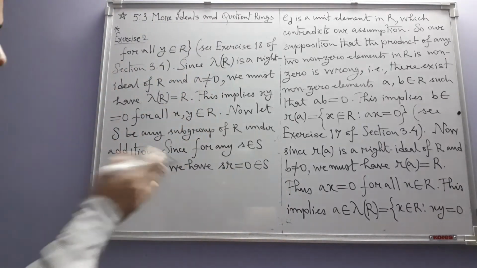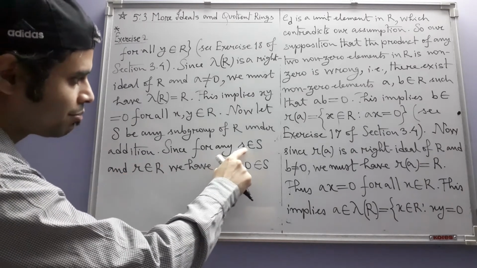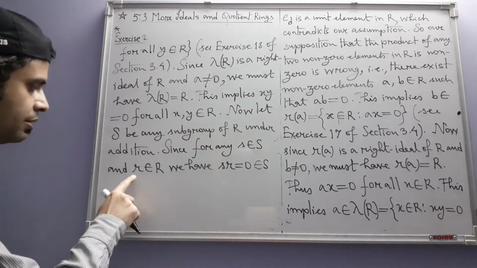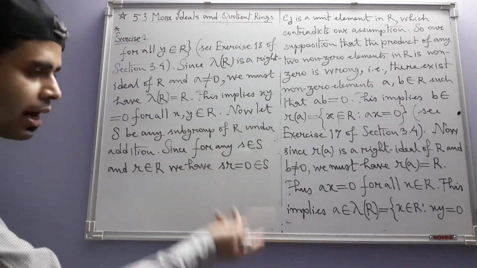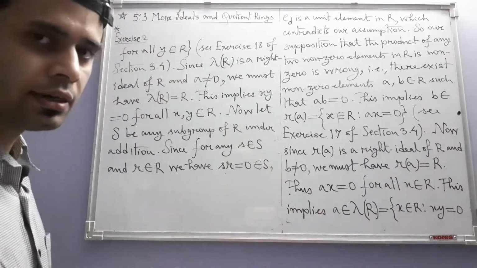It has to have the additive identity. What have we done here is see, we have multiplied any element of S by any element of R from the right hand side and the result is in S. So S is a right ideal.